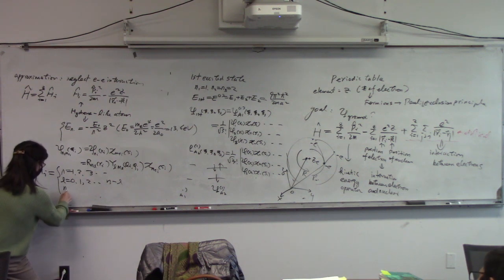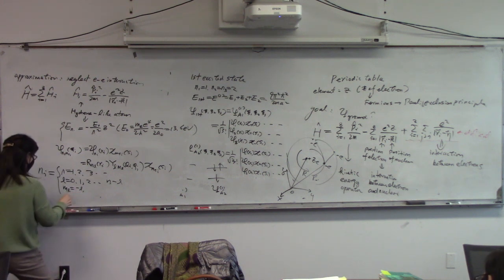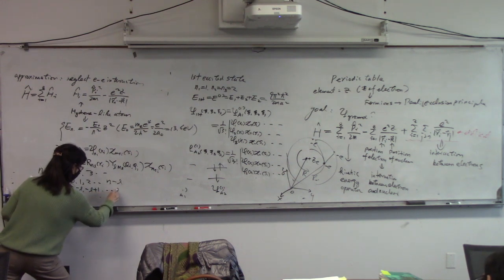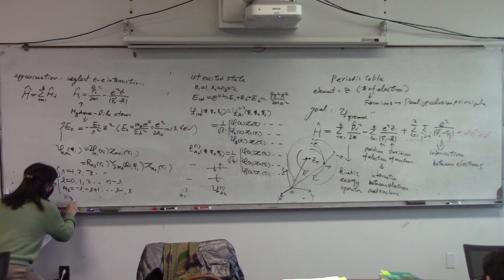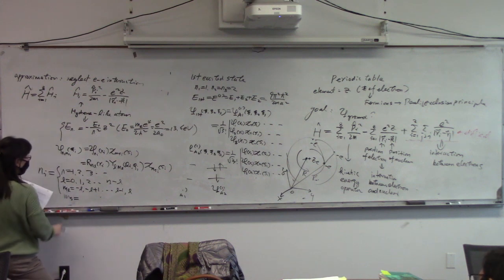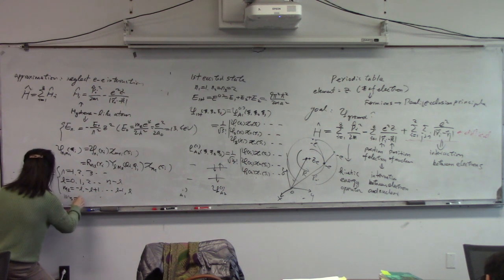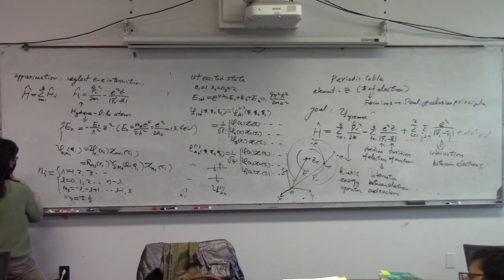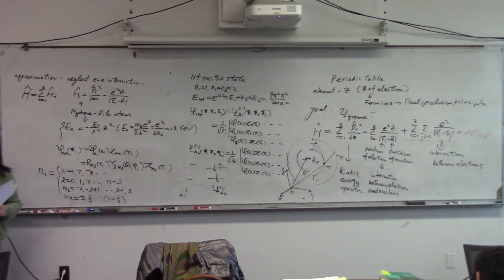Then the ml is minus l, minus l plus 1, until l minus 1, l, right? And Ms is plus or minus half, since we know the spin S is half, right? This is spin of electrons, half.